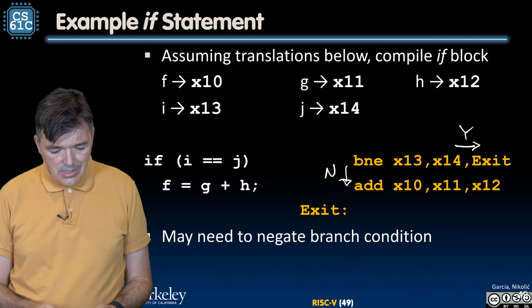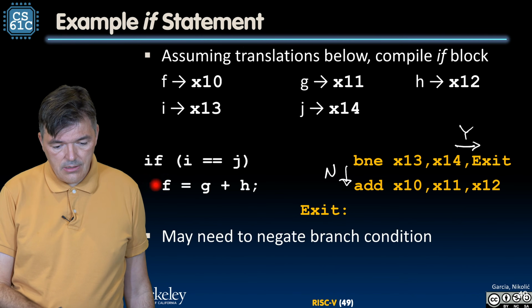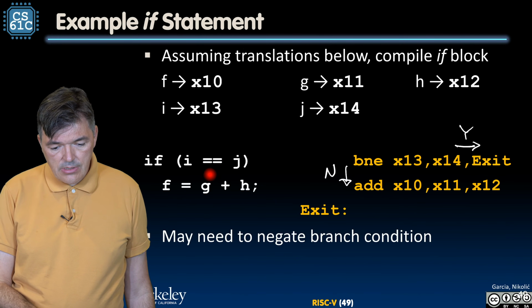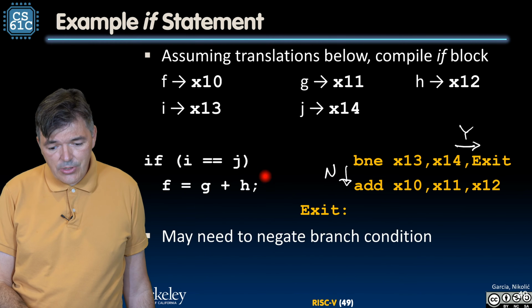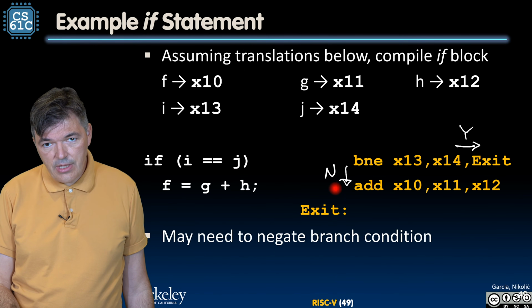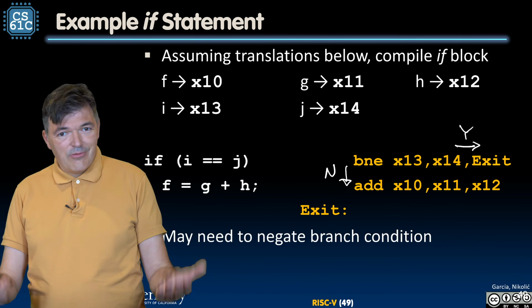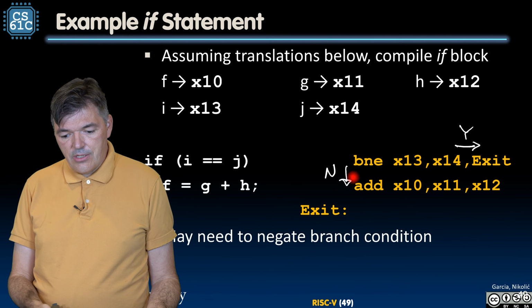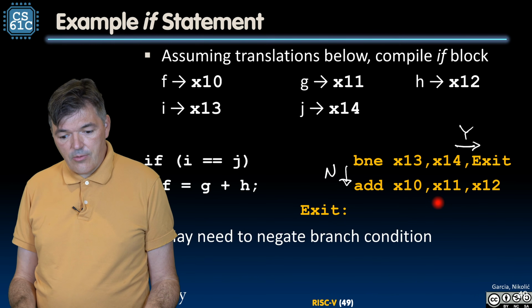So in this case, in the C code, we would like to add the two numbers if i and j are equal, which is essentially what happens automatically on the next instruction if the branch is not taken. So it does make sense in this case to flip this around and ask, if they're not equal, then jump around the instruction that we would like to do if they are equal.